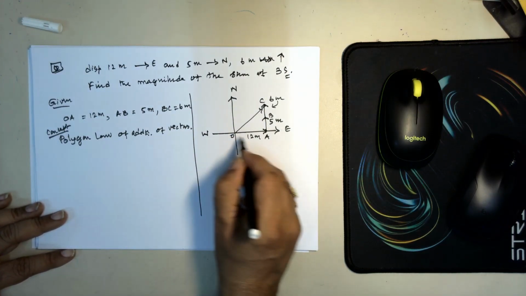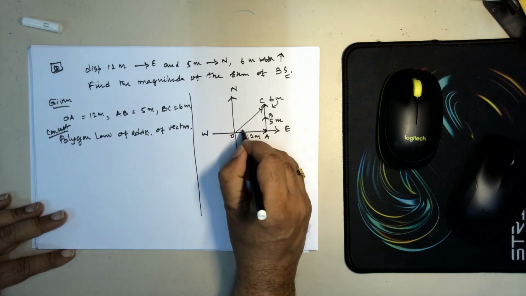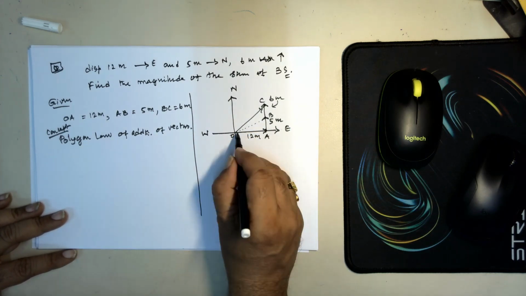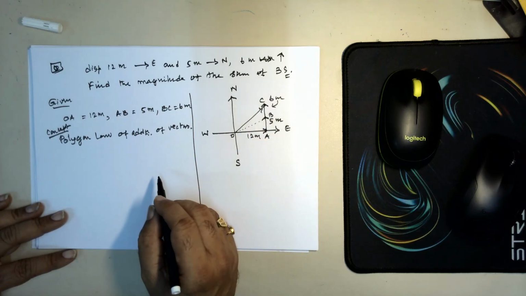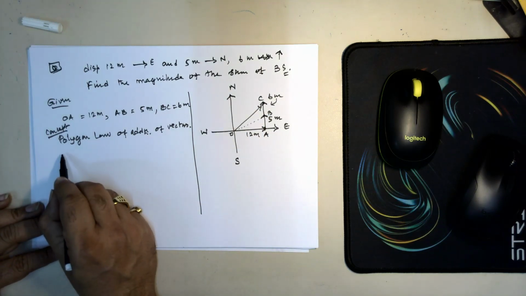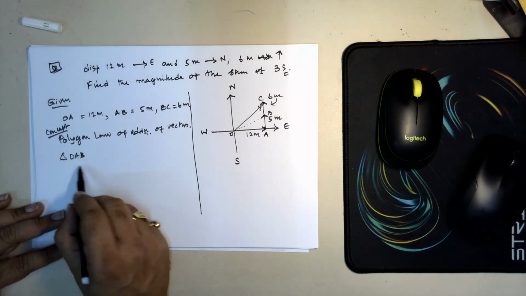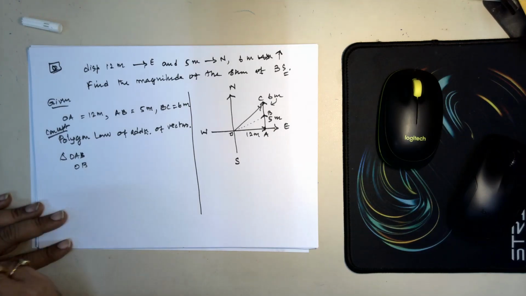So we have to consider OAB first, in order to find out OB. So let us consider triangle OAB and we have to find out OB.